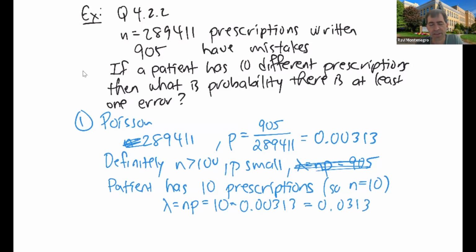So it's a very small lambda, but the sample size is possibly not large enough. So we'll go through and do the calculation and see how well it works out. So that's too small, but that's good.